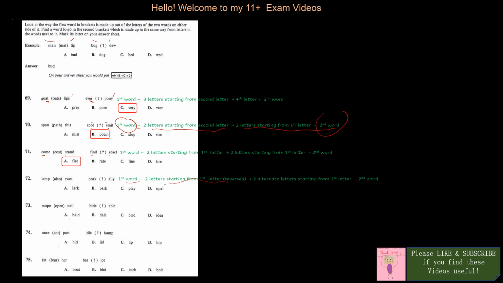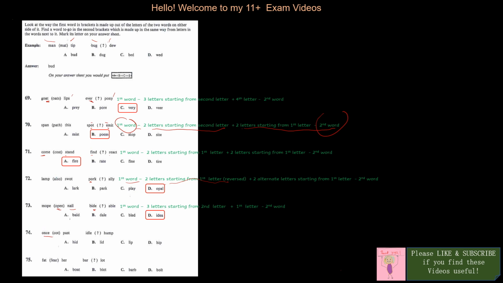Okay, so AL. So OP, ally. So it has to be OP. It starts with OP. It has to be opal. Okay, so that's the bit you can guess, that if it's MOPENAIL, so it starts from OPEIDE, so it's idea. So even without working out all the words, you can easily get the thing.